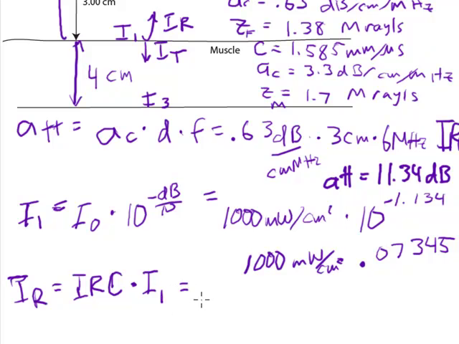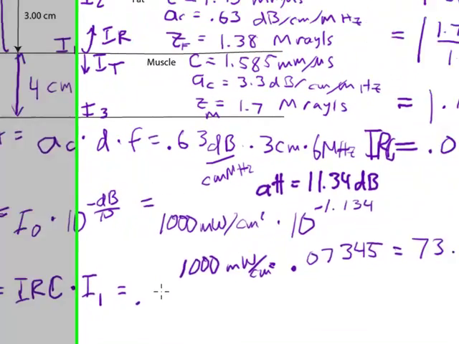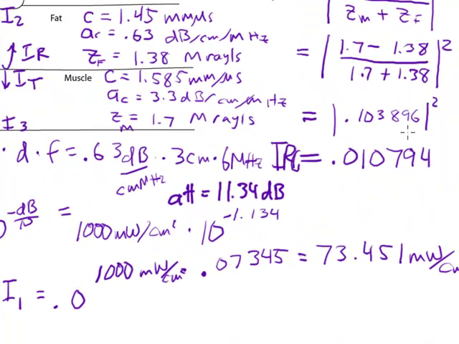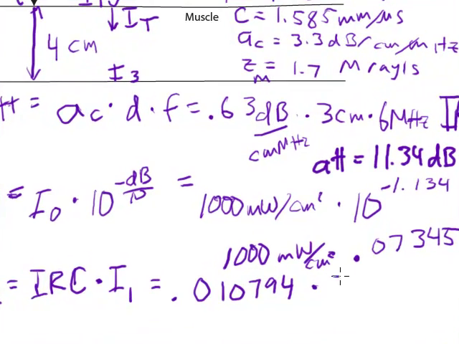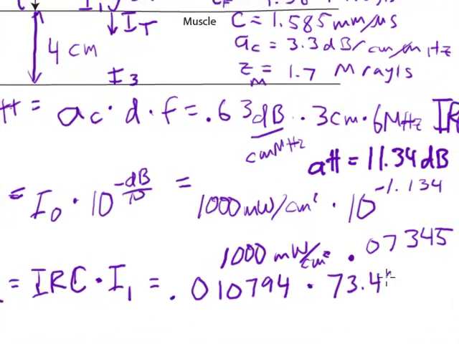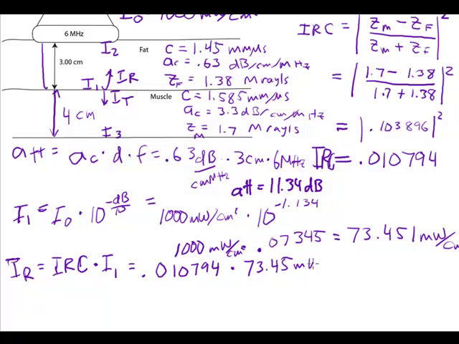Okay, and so it's going to be equal to this number, 0.0100794 times 73.451 milliwatts per square centimeter.